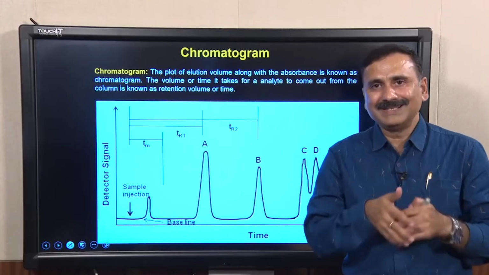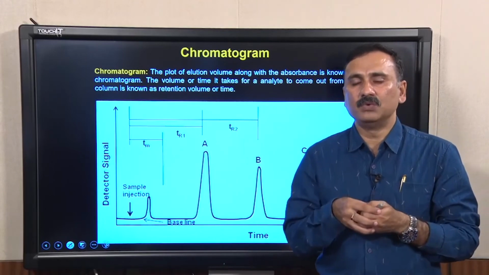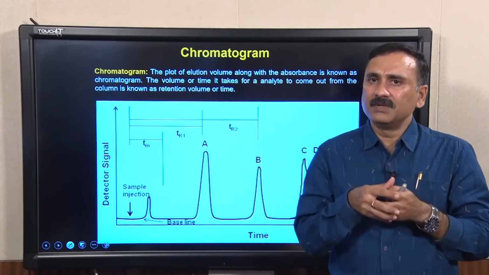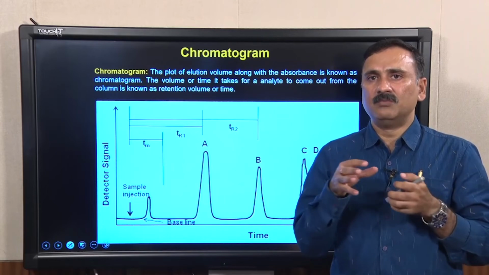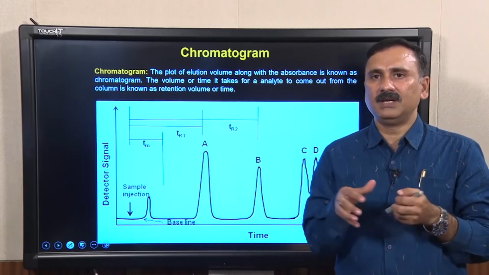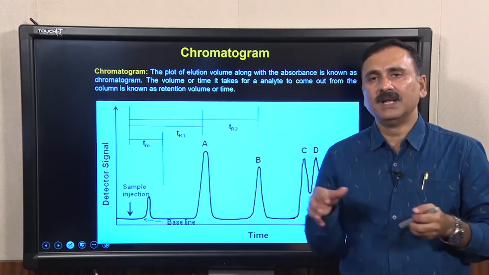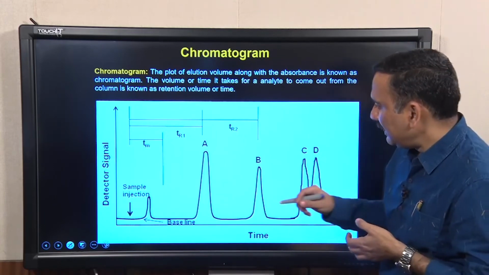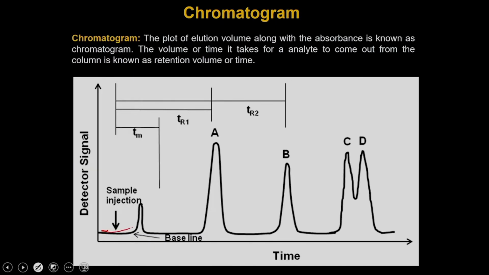Now, once you monitor the elution of these molecules from the column, you can use any parameter to monitor. For example, you can monitor it simply by taking the absorbance. What you will see is a pattern of multiple peaks, and this pattern of elution with multiple peaks is called a chromatogram.